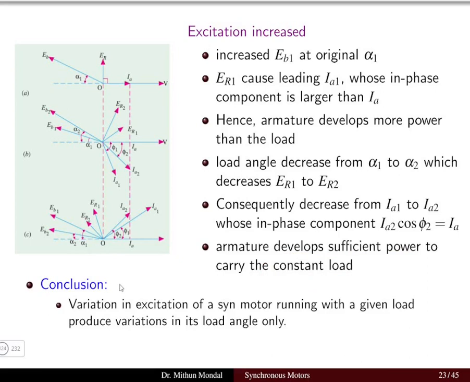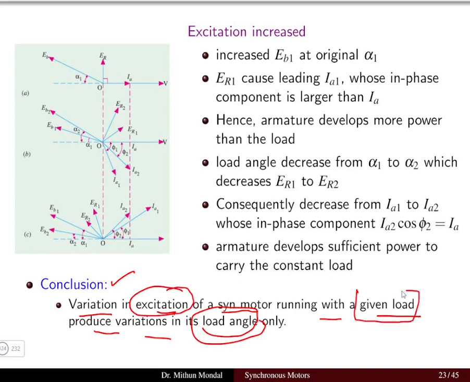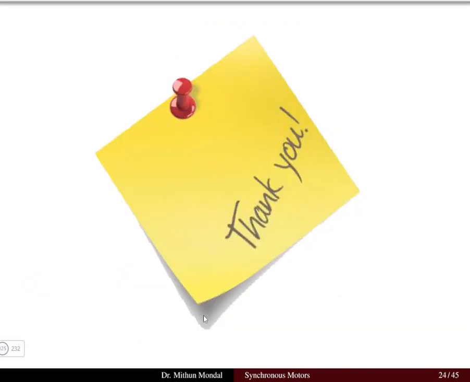So the conclusion from this discussion is that variation in excitation of a synchronous motor running with a given load produces variation in its load angle only. It means that if we vary the excitation of a synchronous motor when the load is constant, that is a given load, although the current is changing, finally it is the load angle which produces the variation to meet the load requirement.